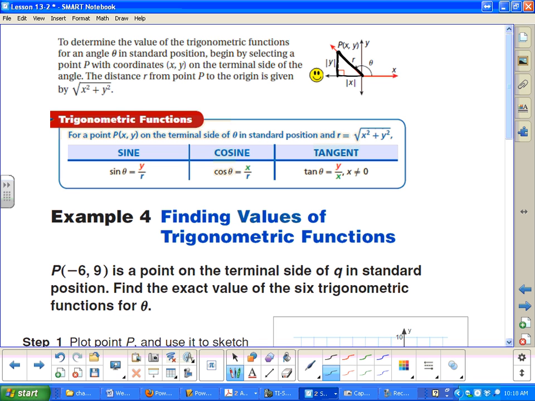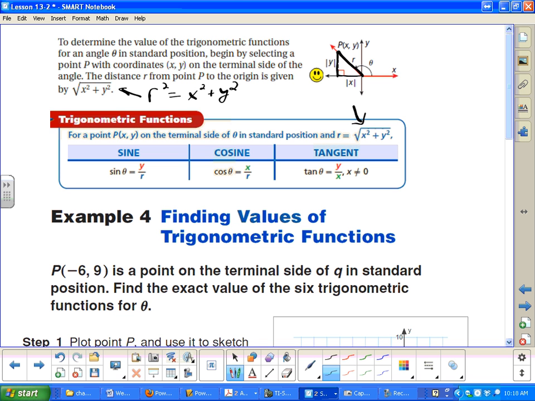And so we've made a right triangle, so we have to find the hypotenuse. The hypotenuse we call r because it relates to the radius of a circle if I drew a circle there. We can find r by using the Pythagorean theorem, that r squared equals x squared plus y squared. So then r is equal to the square root of x squared plus y squared, which is also in this box here.